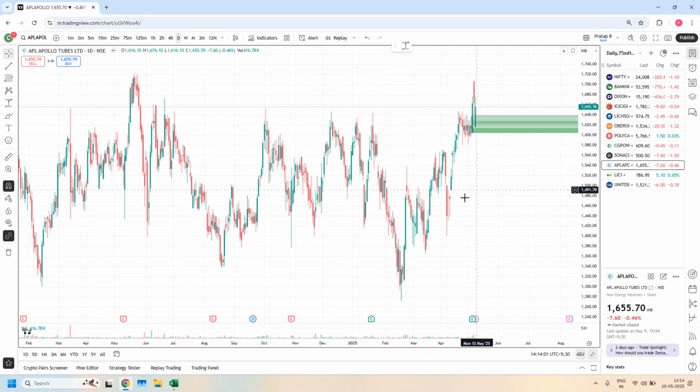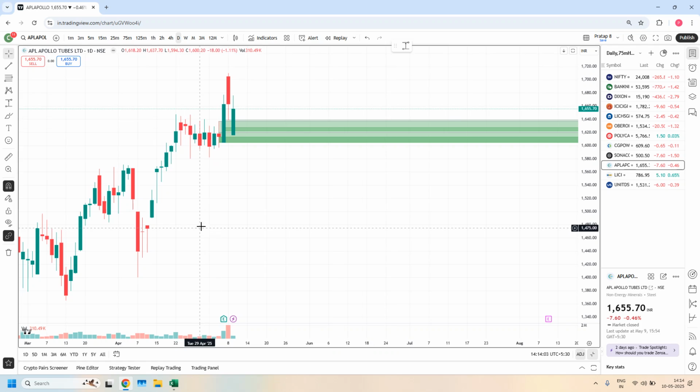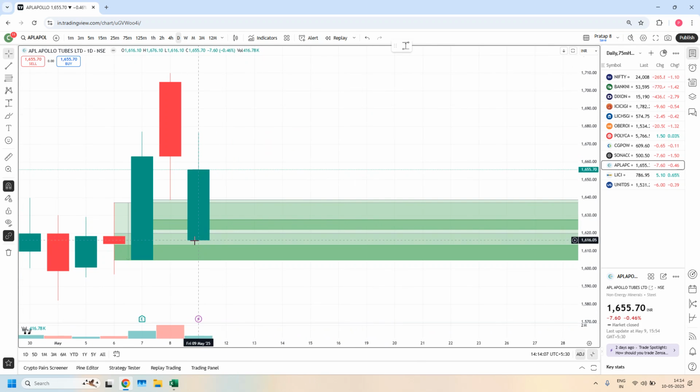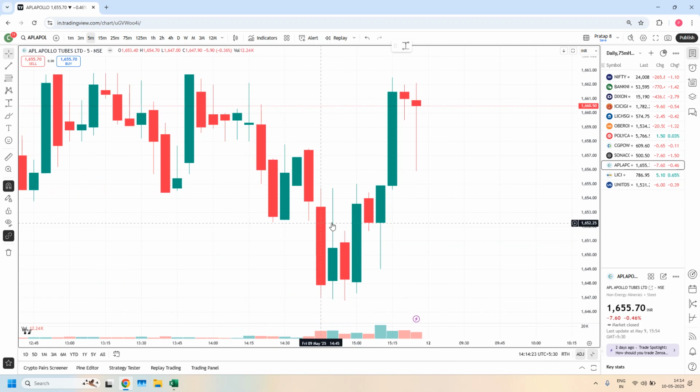Pre-market open. Pre-market opened below the zone. According to the daily candle, this zone is violated in the morning itself. This is the pre-market open, but not the intraday open. For the intraday open, go to the intraday candles, maybe 75 minutes, 15 minutes or 5 minutes, anything. They are all intraday candles.